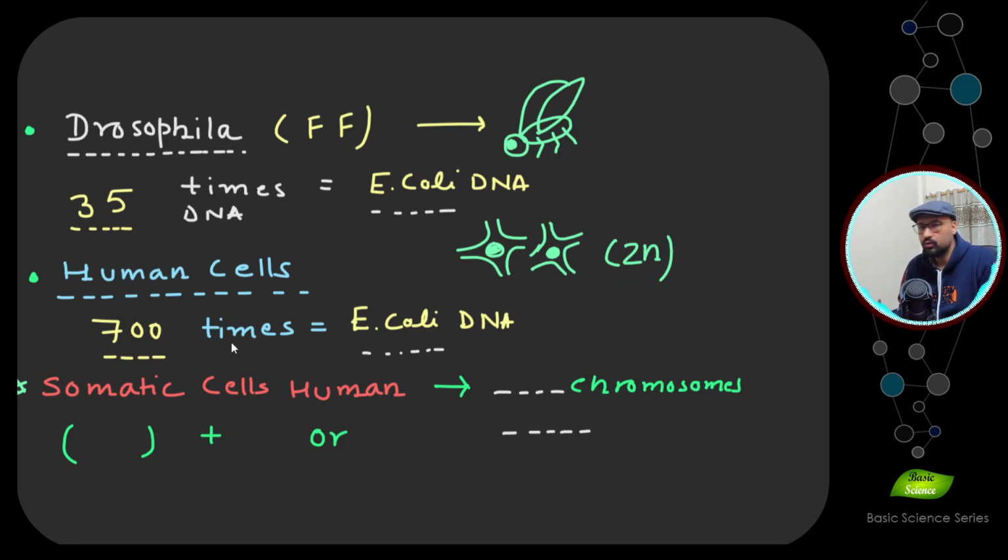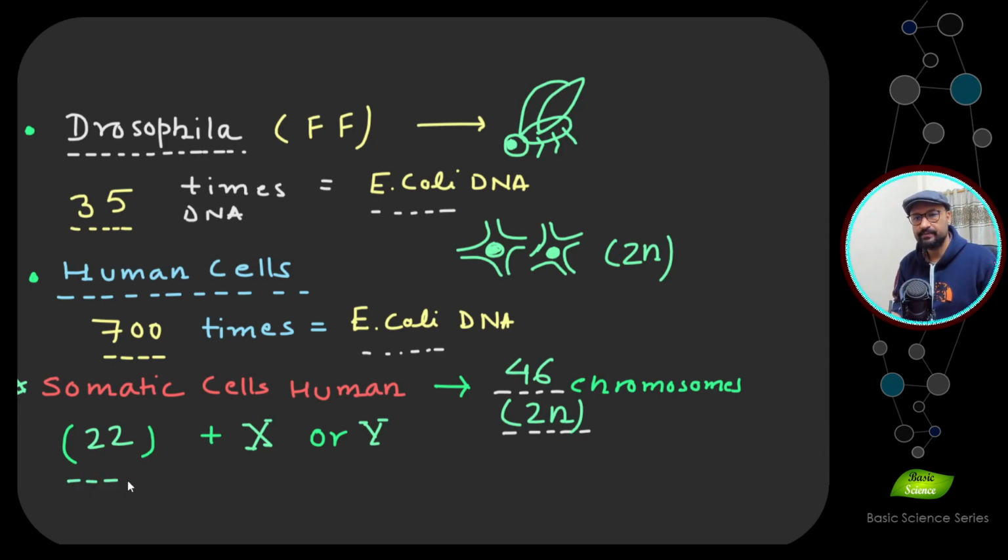You will have 22 pairs of non-sex chromosomes, and then X or Y is going to give the male and female character in this case. And especially in case of diploid organisms, I should write 2N here. So that's the diploid, which is the somatic human cell. And when we talk about gametes, you basically have this, right? So that should be clear.